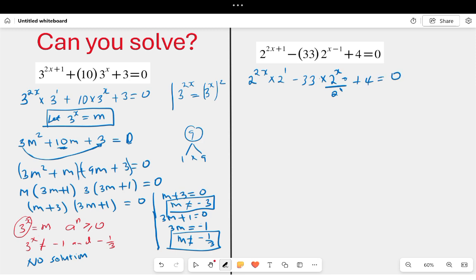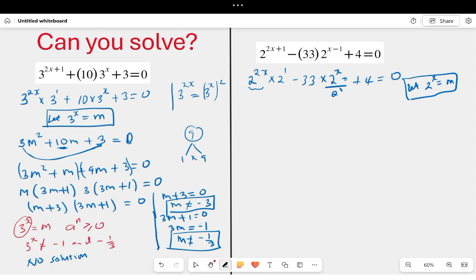Again we are going to make a substitution. Let 2 to power x be equal to m. Therefore, if 2 to power x is m, then 2 to power 2x is simply m squared.